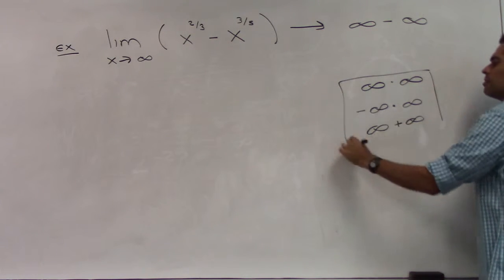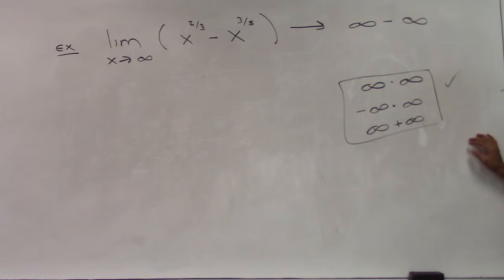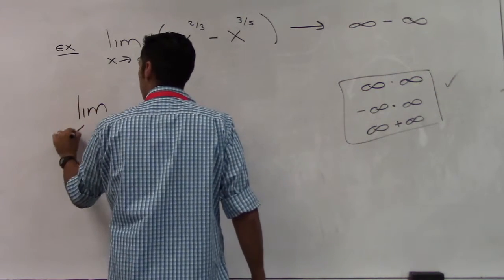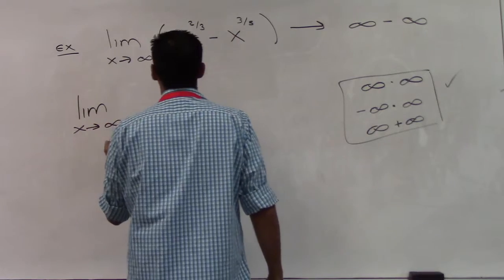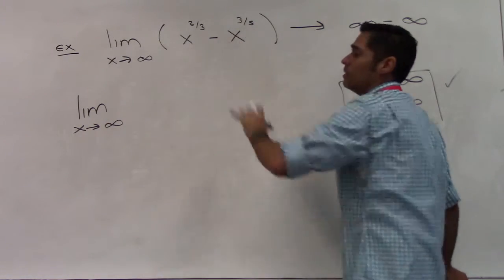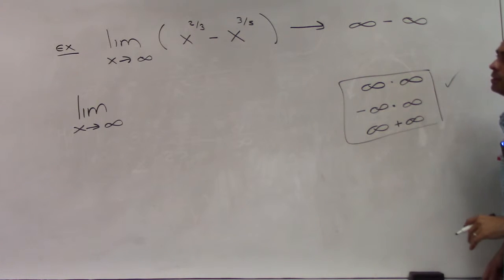So all those we're good with, but that's not okay. So maybe I can turn this into a product. Well, the actual method of turning a sum or difference into a product is called factoring. So can I pull out a common factor? Yeah. X. Yes, but they're not x's.